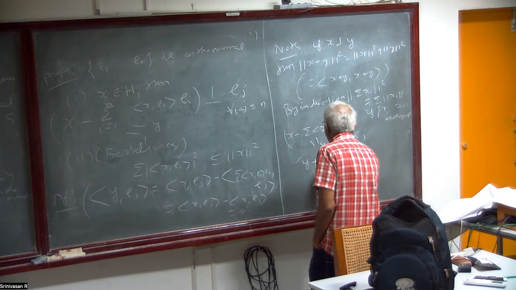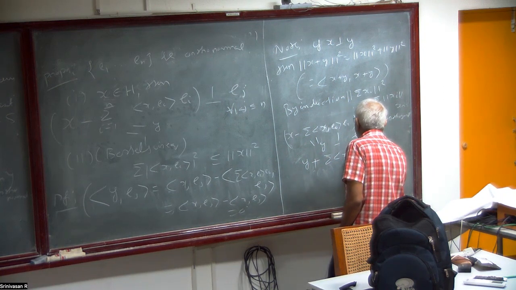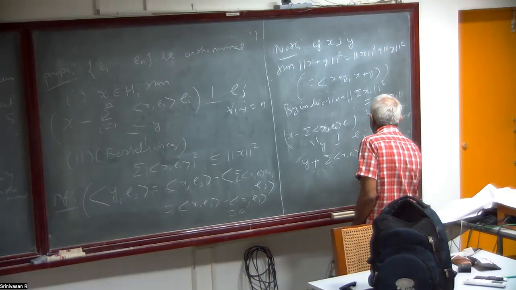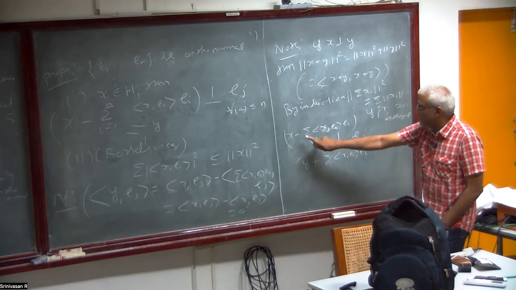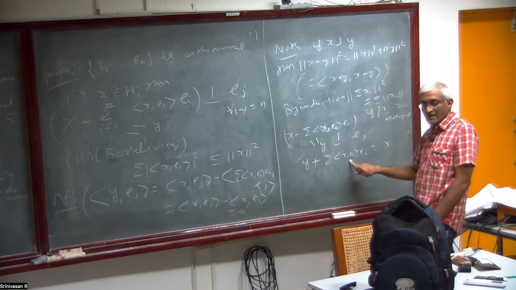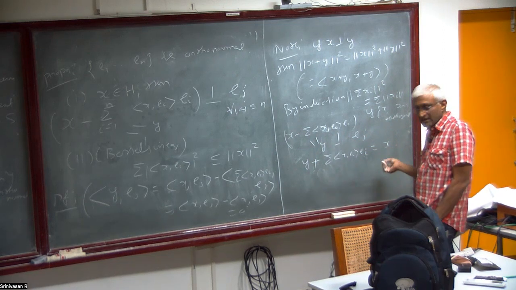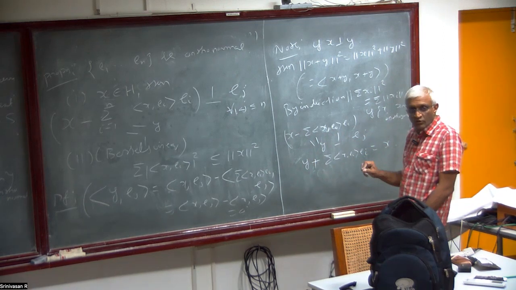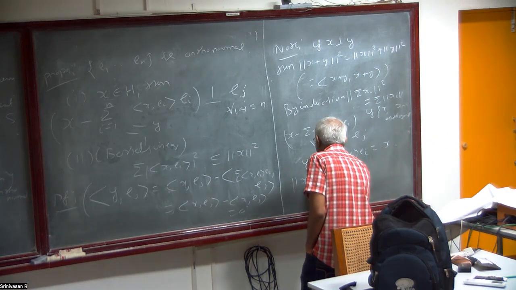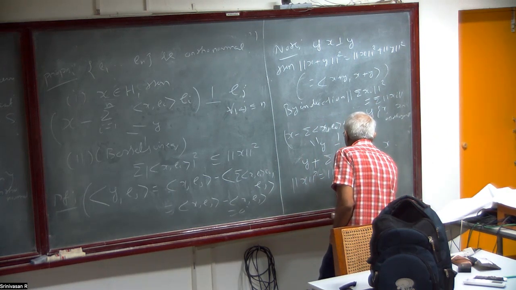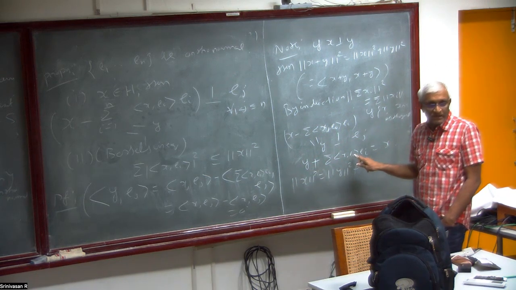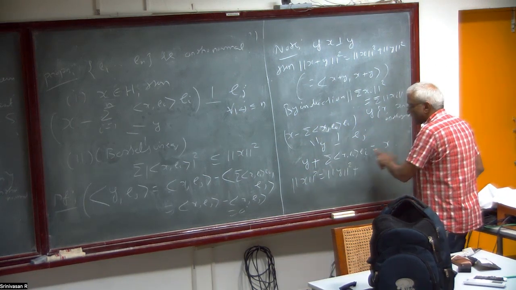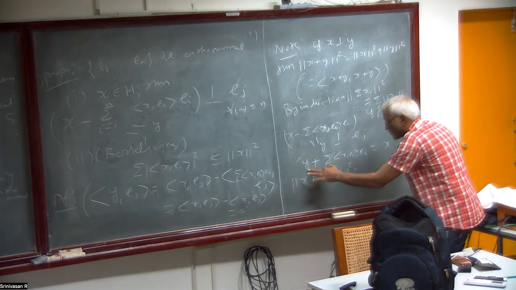Now y plus the summation of (x, ei) ei is equal to x, of course, right? I just subtracted this and then added it back. So the norm should be equal on both sides: norm x squared equals the norm of y plus the summation, squared. They are all orthogonal, since y is orthogonal to this.